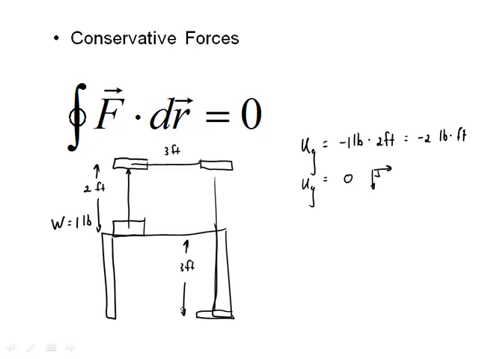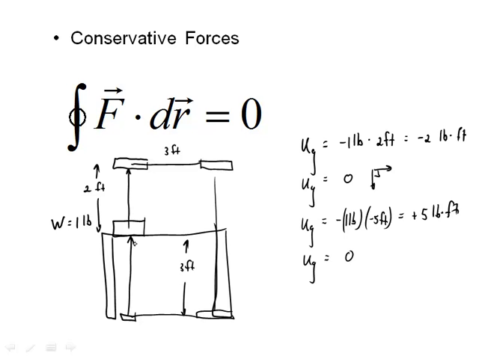So I'm falling a distance of 5 feet. So the work done by gravity in this part of the path is minus 1 pound times minus 5 feet, and so I get positive 5 pound-feet of work done by gravity. Then I'm going to move the book to the left, again a distance of 3 feet, but just like the last time, the force is down, the displacement is left, I'm at a 90-degree angle, so that's equal to 0.